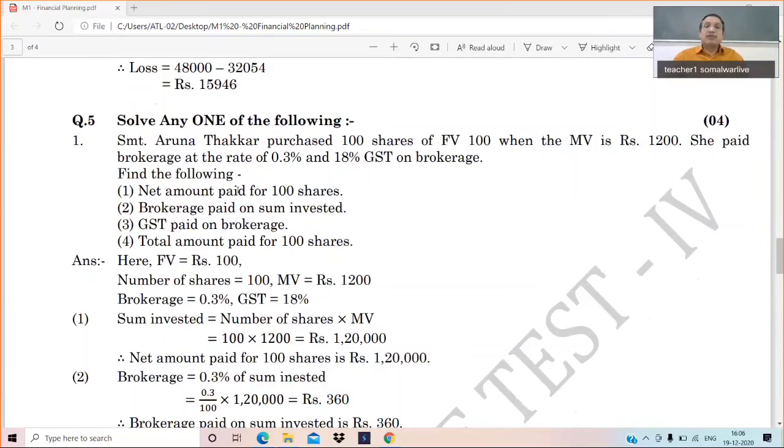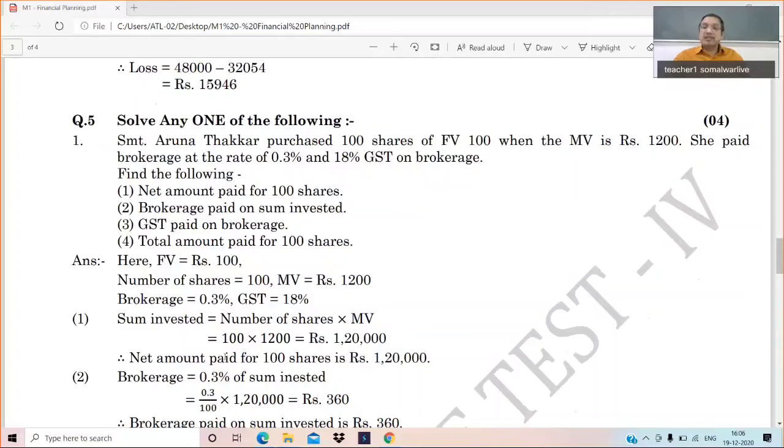Find the following. Net amount paid for 100 shares, brokerage paid on sum invested, GST paid on brokerage, and total amount paid for 100 shares. Let us calculate. So face value rupees 100, number of shares 100, market value was 1200, brokerage. So all these things are given to us. Now let us calculate the sum invested. How much sum did she invest? So number of shares into market value.